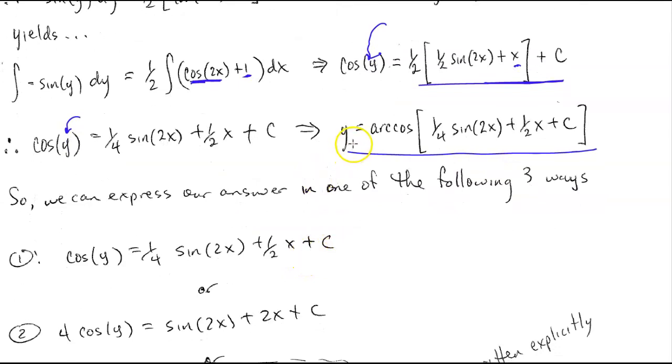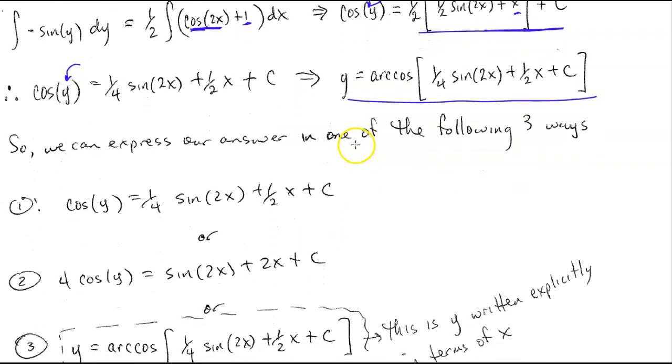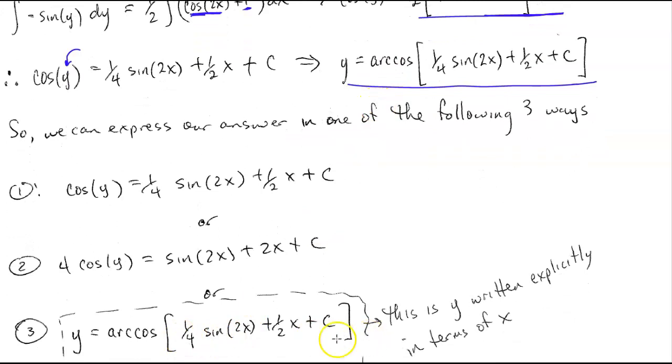So explicitly as y in terms of x, we could express it how I have it here. If you chose to, you could express it this way, or you could multiply both sides by 4 and express it that way. It really doesn't matter. We like to express it in this way whenever possible, just because, hey, if we know what x is, we can figure out what y is.